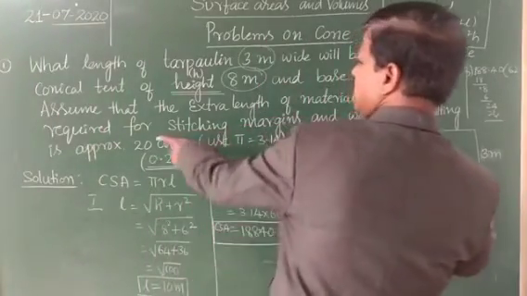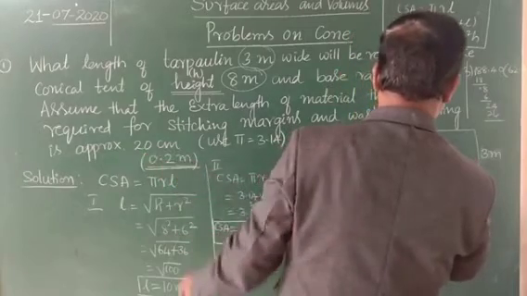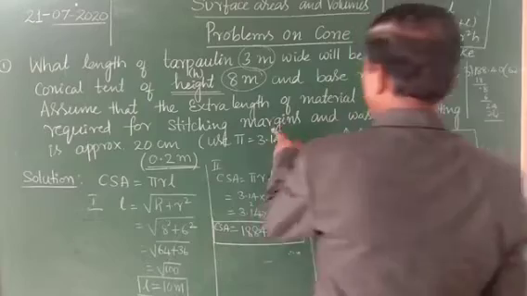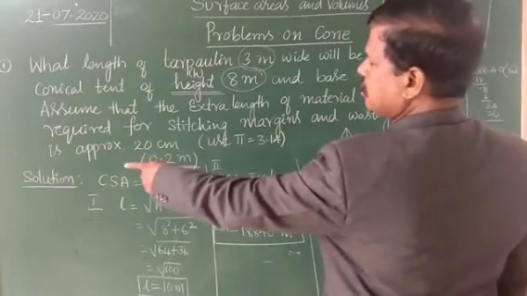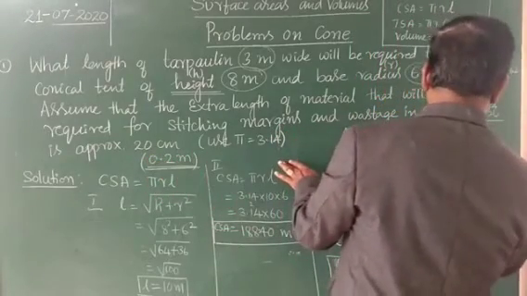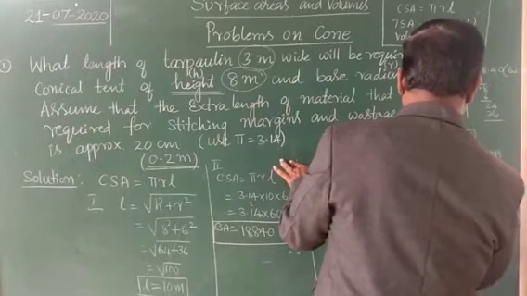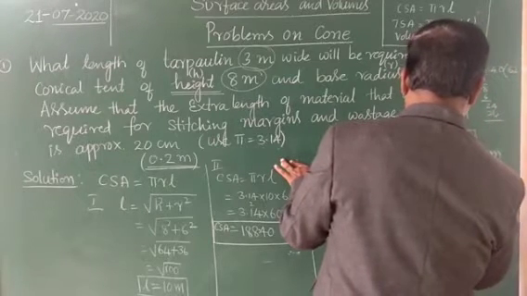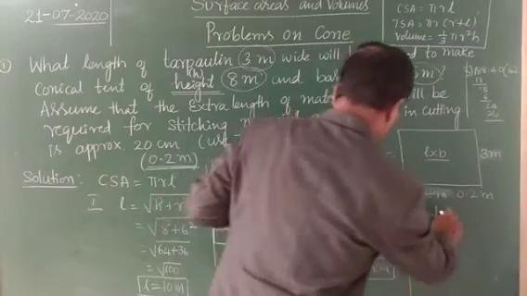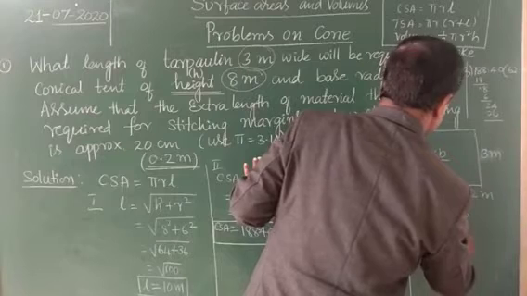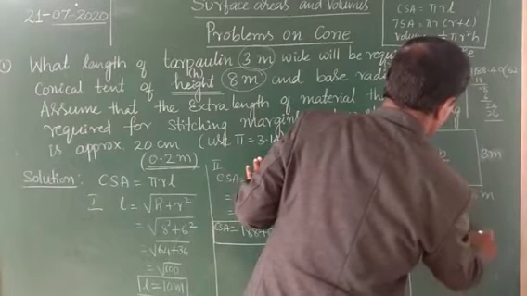Now fourth one, extra. Here this is extra for wastage and margin. What is it? 0.2 meter. Therefore, total is equal to 62.8 plus 0.2 meter.